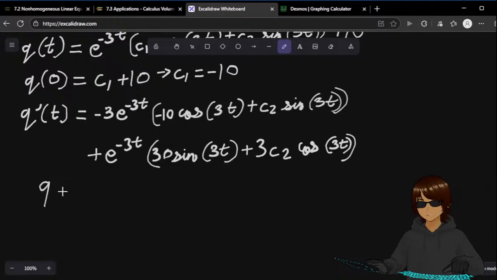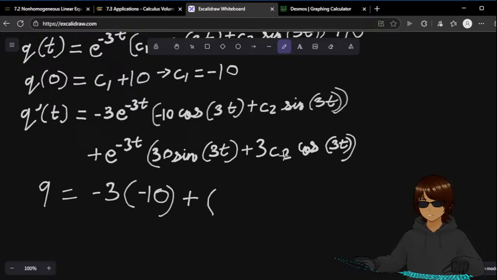So 9 is equal to, plug in 0 here, we get 1, and we're left with minus 3. Sine 0 is 0, sine 0 is 0. This is 1. So minus 10, and then that's it, right? Plus, this is 1. 3C2 is what we are trying to find.